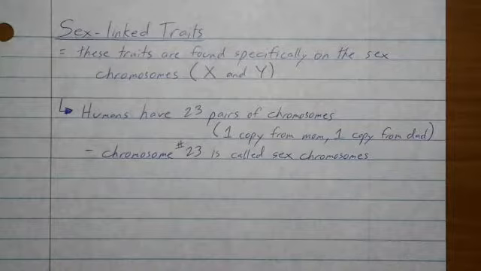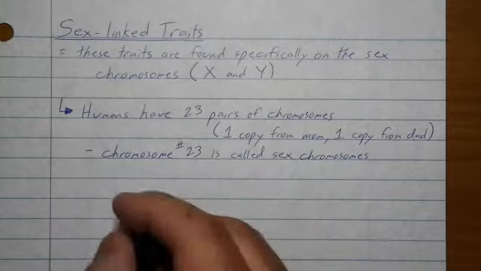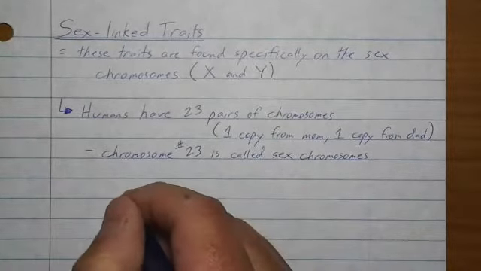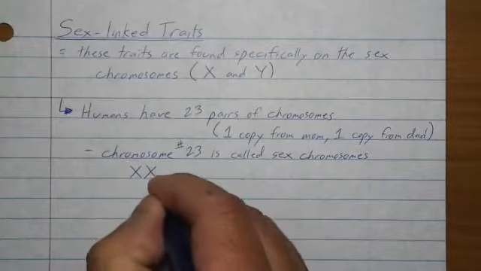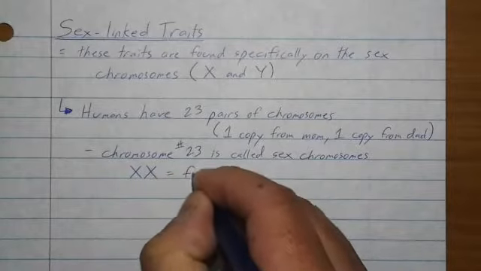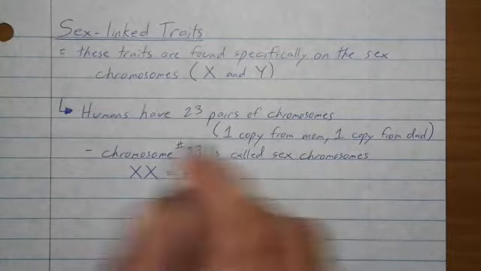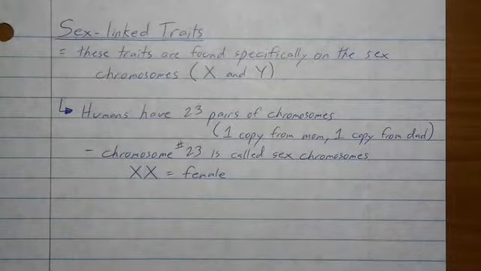And so how does it work? Well, there are two possibilities. So there's XX. If you get two copies of the X chromosome, that turns into a female. That means the body will develop with the female reproductive system and the female genitalia and organs and all the differences that go along with being female.